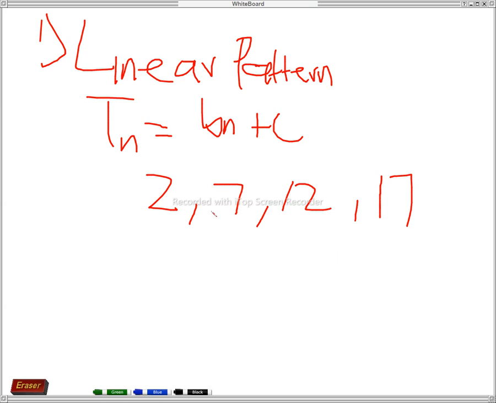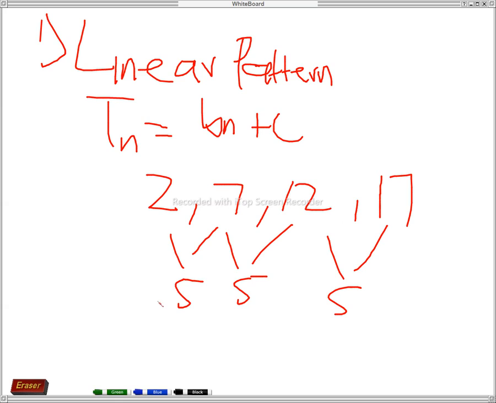The first thing you must do is get the difference between these numbers. 2 plus 5 gives 7, 7 plus 5 is 12, and 12 plus 5 gives 17. So the difference on this number pattern is 5.